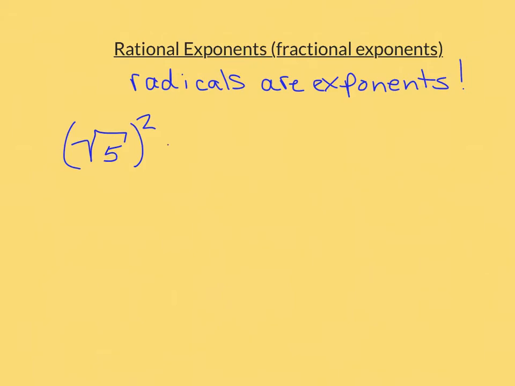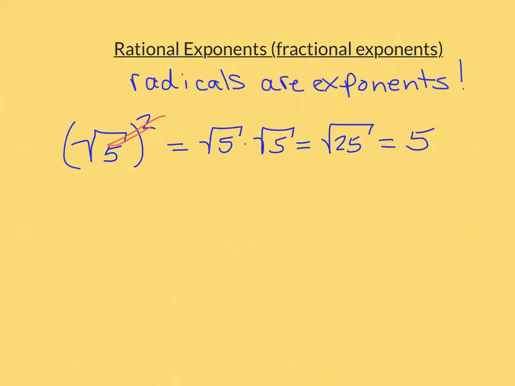Why is that true? Well, we've got square root of 5 times square root of 5. That's the square root of 25. And that is 5. So we can see that square rooting or squaring a square root undoes each other. They're inverse operations, and we just end up with 5 back.